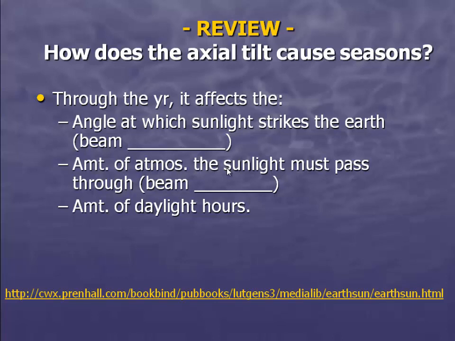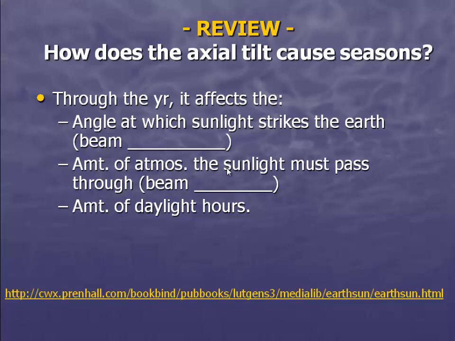The axial tilt also accounts for the amount of daylight hours. So depending on your latitude at any given time of the year, you will have different daylight lengths. And that's the interesting thing about Alaska. If you think about Alaska, in late June and early July, places near the Arctic Circle are experiencing 24 hours of daylight, yet it doesn't ever really get that hot.